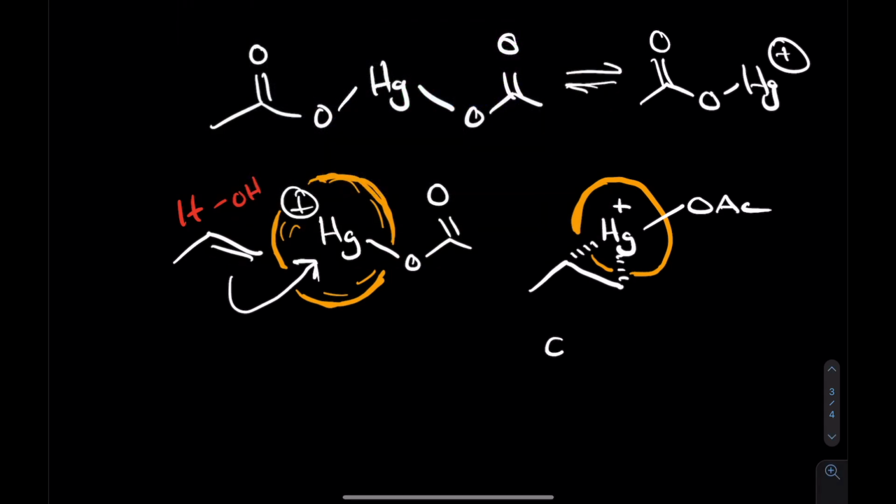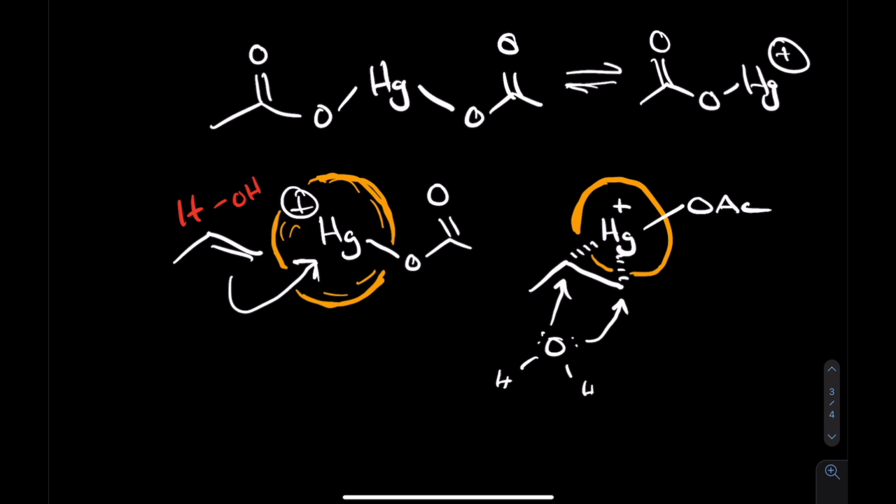You will end up with an attack to get that mercury, maybe onto just one carbon. Now, where do you suppose this water is going to attack? Right, this water can attack here, or this water can attack here, and it turns out it's going to end up attacking at the most substituted carbon.